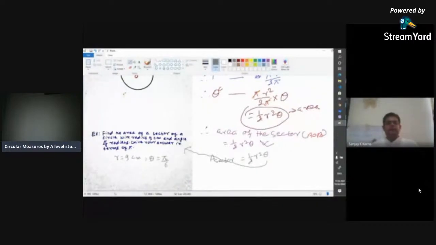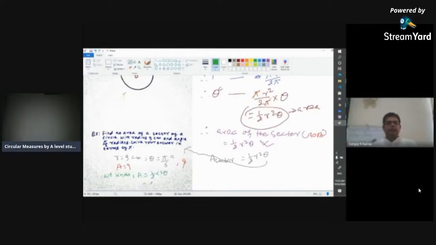Note that theta is always given in terms of radians. Then finding the area means A equals what? Here theta is the angle at the center of the circle that subtends an arc of length s. So we know the area of the sector is half r squared theta.